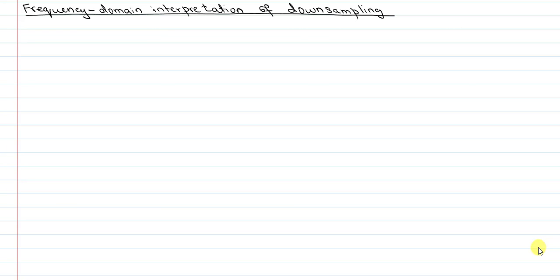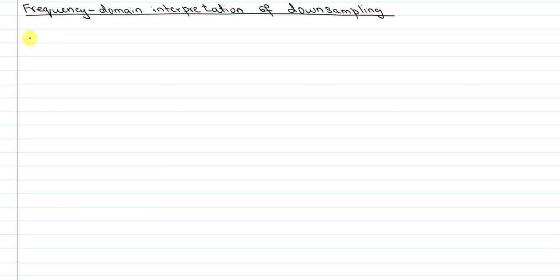Okay, we understand what the downsampling operation does in time domain. We also understand how the downsampled signal looks in relation to the continuous time signal that we further downsampled.